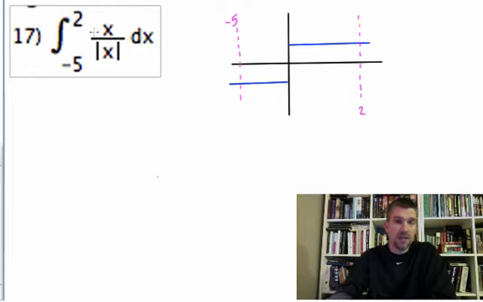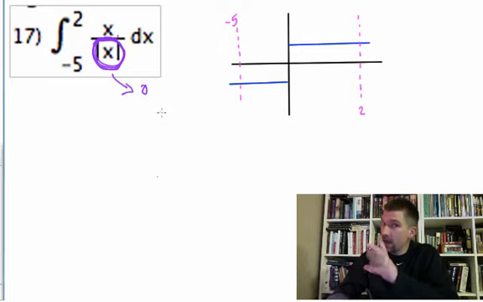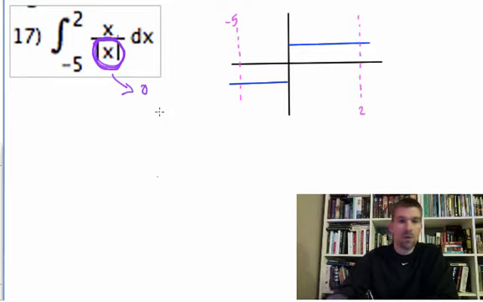If you punch this into a calculator, it will give you an error message. Why? Well, because go back to what you learned in kindergarten. You learned some important things in kindergarten, and one of those things is right there in the denominator. You can't have a 0. No, no, no. All right, can't divide by 0. It is not possible. Okay, so we are discontinuous at 0, which means we can't evaluate this integral.